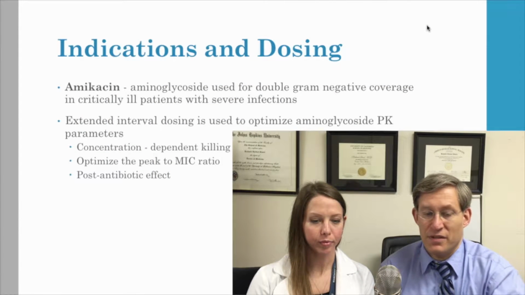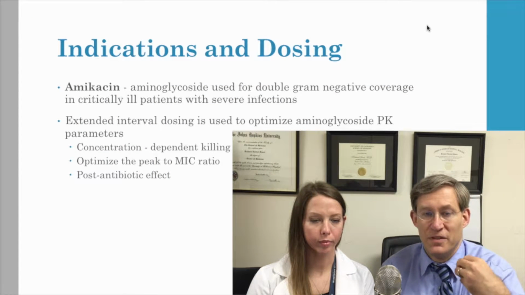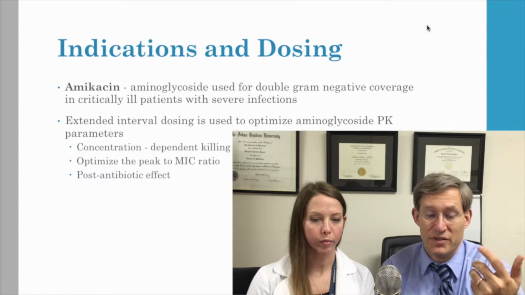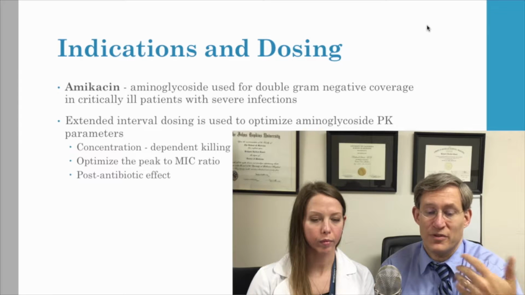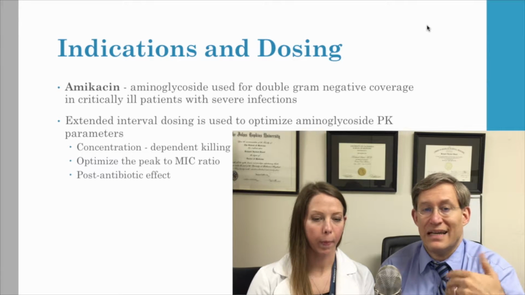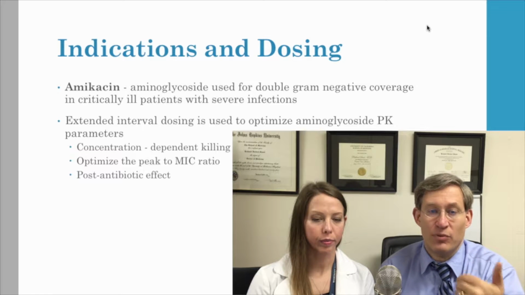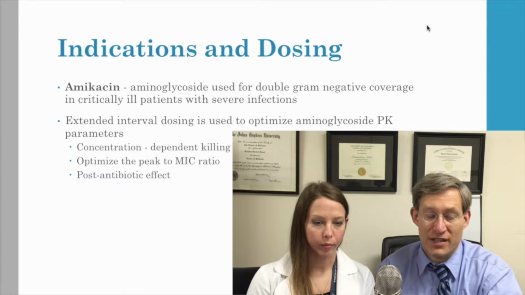So the first issue here was that the type of dosing that we are discussing is called extended interval dosing. The first statement is that we're using aminoglycosides to help make sure that we are getting appropriate broad gram-negative coverage for patients who are in septic shock.